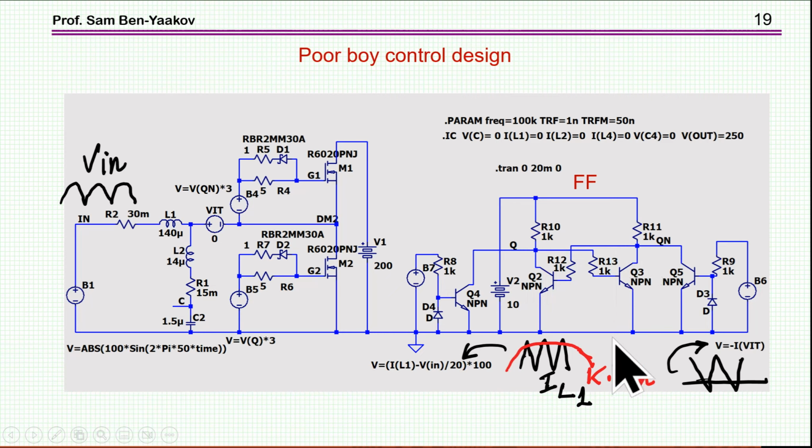Let me just point out that if it is used for a power factor, for example, and this is the example I'm giving here, this is supposed to be a rectified input. Then what we are doing here, we're actually adjusting the peak value to follow the input, while in fact we would like to have the average value following the V-in.